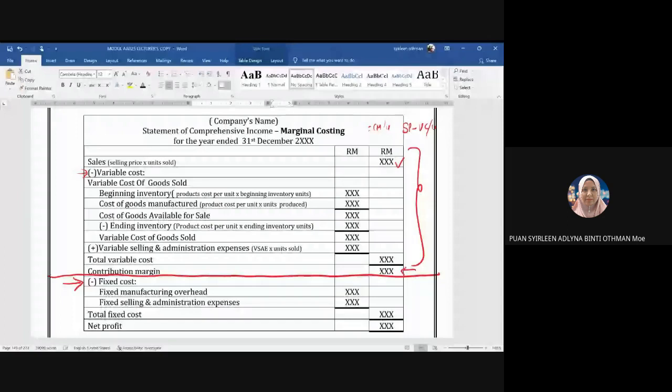Okay, so how do we do the variable cost? Earlier you calculated the variable cost and got RM10. So for beginning inventory, we take RM10 multiplied by beginning inventory units, zero. Then the cost of goods manufactured is still RM10, which is why I say it's variable cost, because this RM10 is only the variable cost calculated earlier. Multiply by units produced, RM5,000. And then you get the cost of goods available for sale. Then you minus ending inventory, which is still RM10, multiplied by the units above, the ending inventory units, which is 1,000. So now you get the variable cost of goods sold.